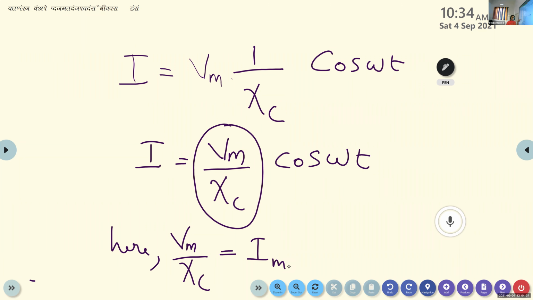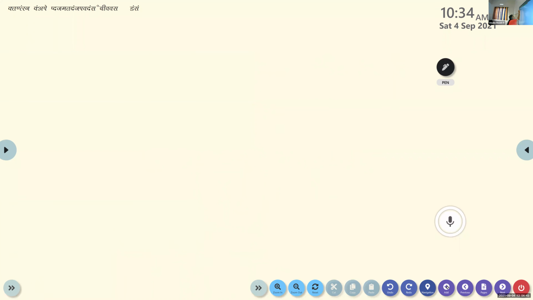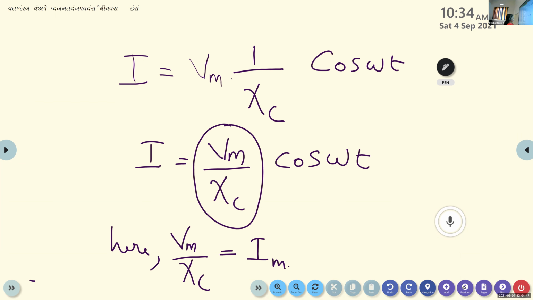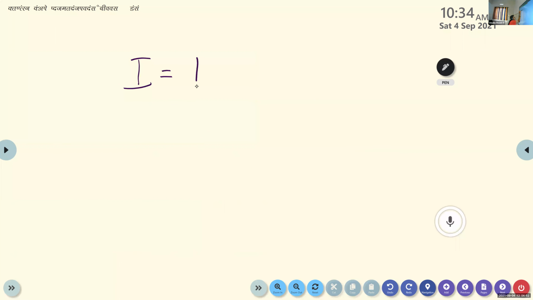So here Vm by chi C represents Im. So the expression for current becomes I is equal to Im cos omega t.